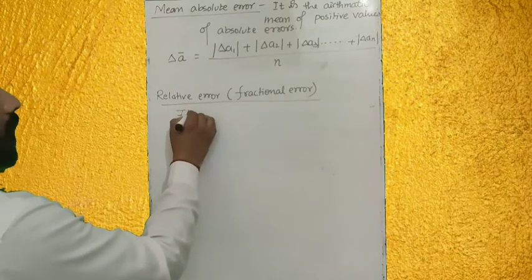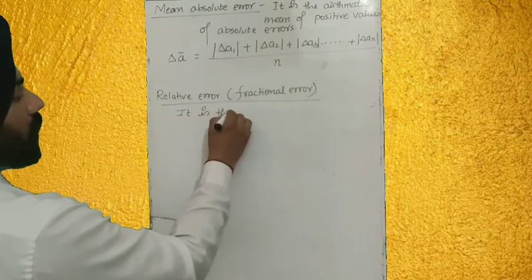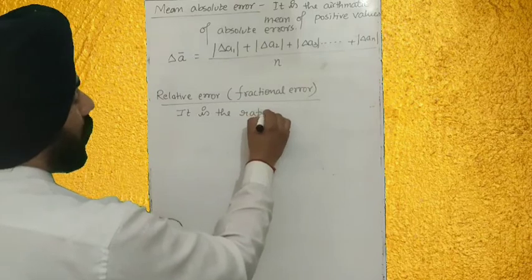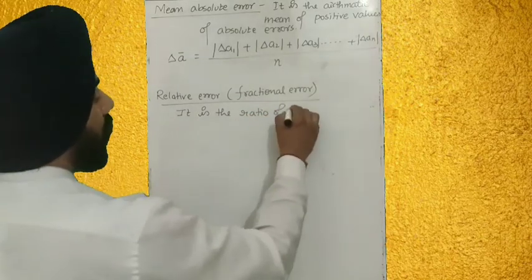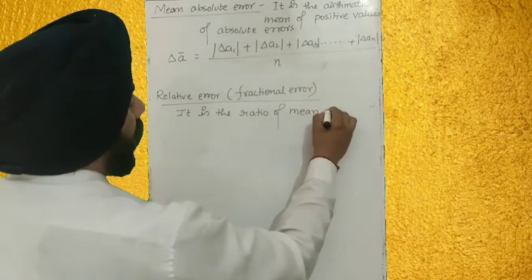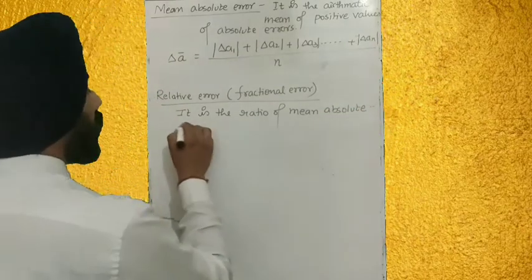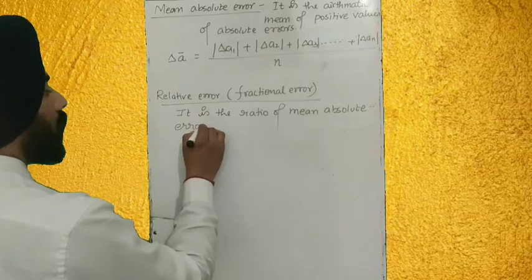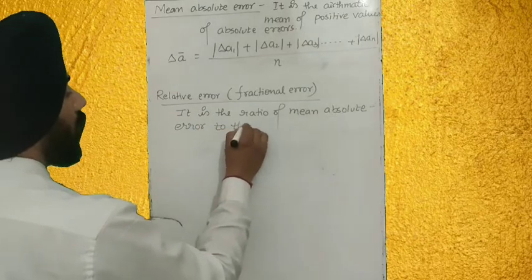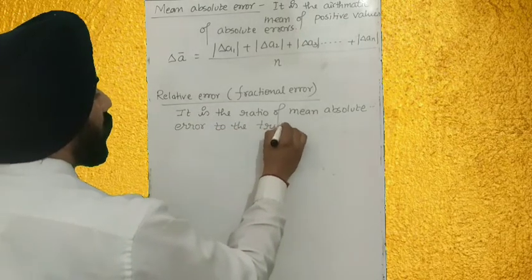It is the ratio of the mean absolute error to the true value.